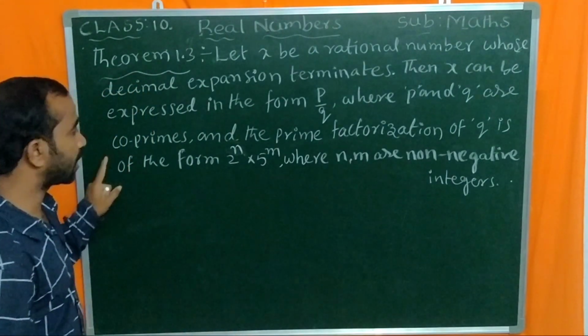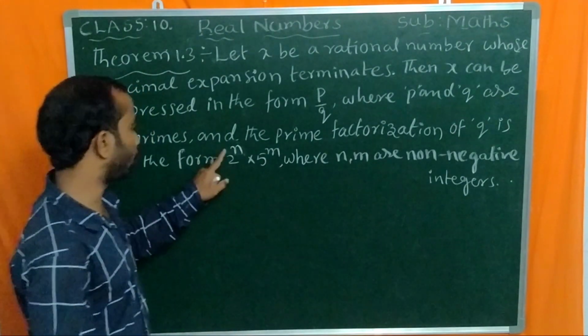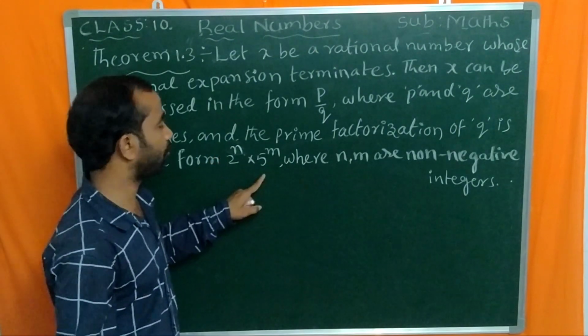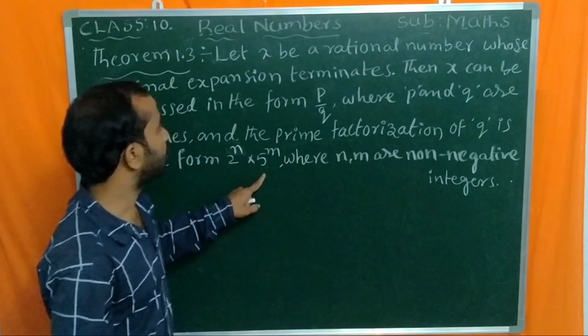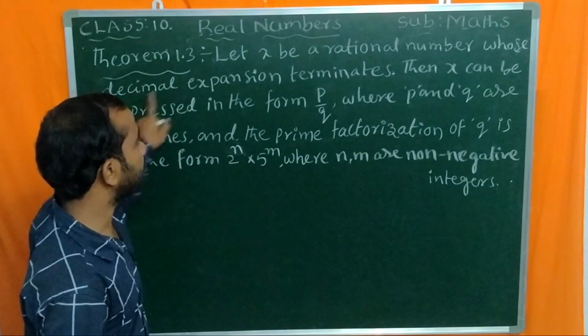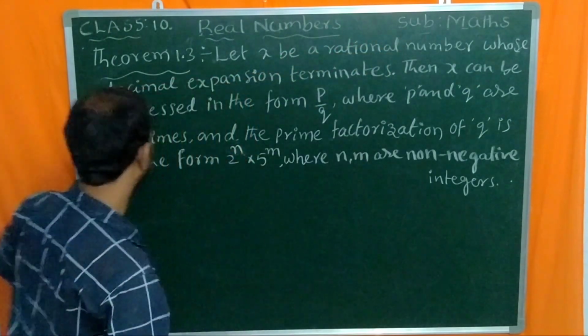Finally, if the denominator can be written as 2 to the power of n and 5 to the power of m, then that rational number is terminating.